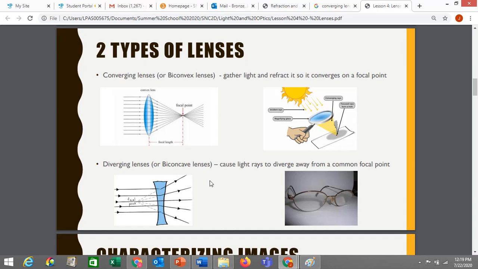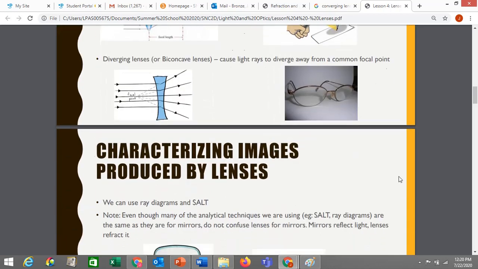So what a diverging lens will do is push the light rays apart, so that when the lens in your eye tries to get those to focus on the focal point, because the light rays have been pushed apart, the focal point is pushed back. And so it goes onto your retina, and you can see normally when you're wearing your glasses or your contact lenses.